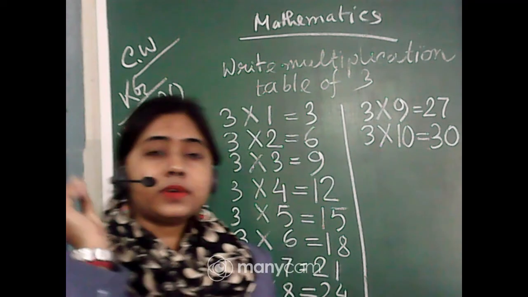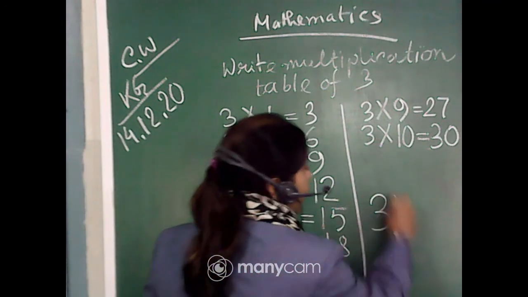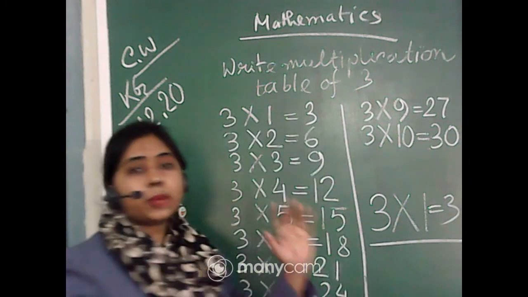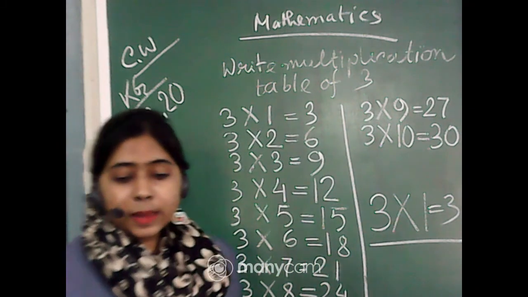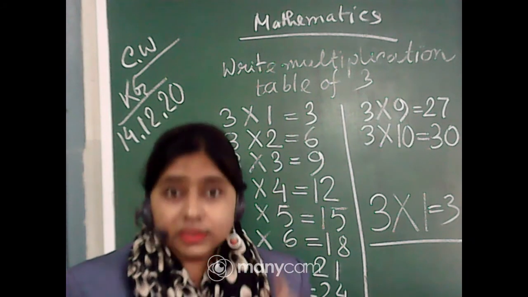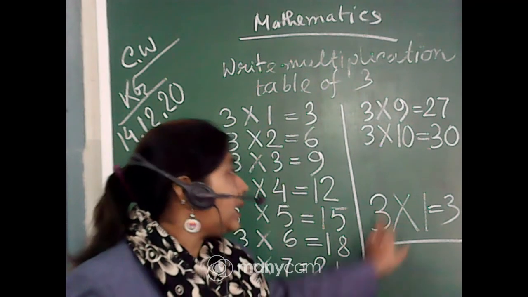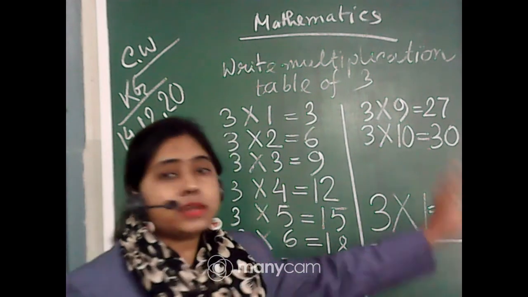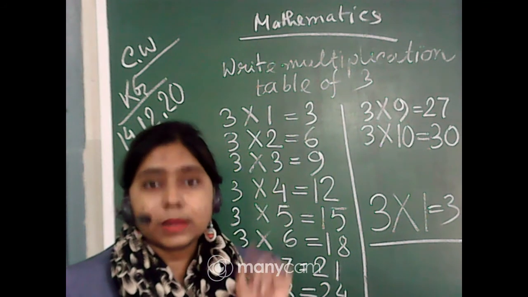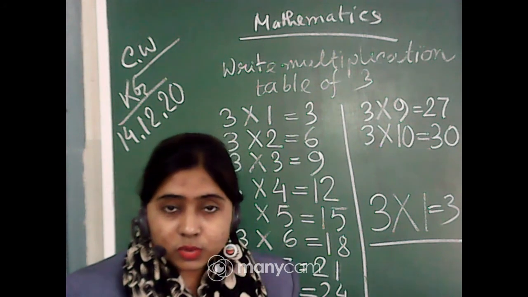First take a pencil, then write 3 multiplied by 1 is equal to 3. You will write this whole portion, okay, not your parents. It is your work, okay. You will write 3 multiplied by 1 is equal to 3. Whole thing you should write with pencil, okay. This is your work.